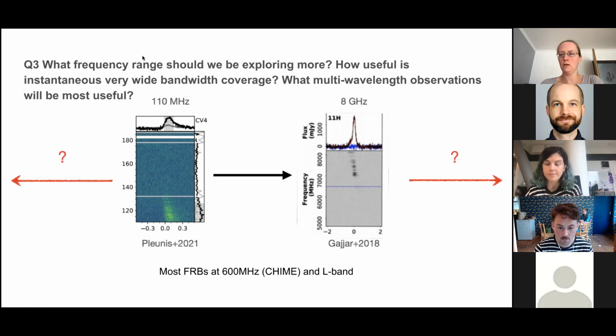I don't see any comments from younger people. Sriharsh asked about going up to hundreds of gigahertz to look for FRBs. The obvious difficulty there is, of course, you have no more dispersion measure.